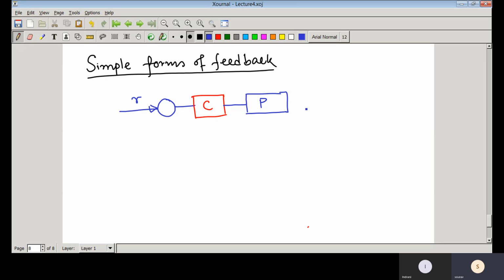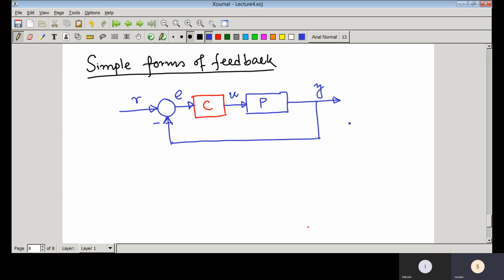So this is the plant, and we take feedback here. This output is called the controlled output, and this is the control input, and E is the error signal. Suppose we are taking negative feedback.